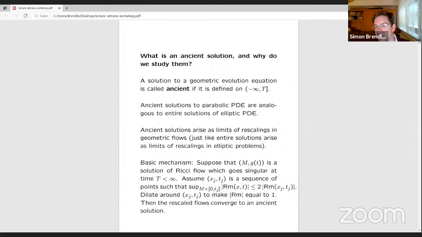So ancient solutions arise as limits of rescalings of geometric flows. And so let me just mention here the basic mechanism in a very simple example.